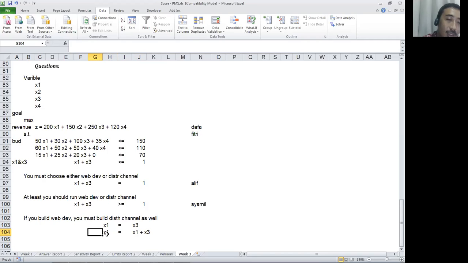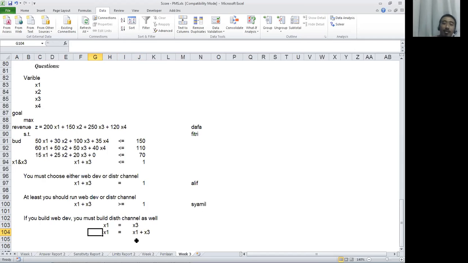If I build this one, it means 1, and I build this one, it means 1. 1 equal 1 plus... So X3 could not be 1. Yeah, Anna. X3 will always be 0, because whenever we have a value in X3, this is no longer an equation, right?